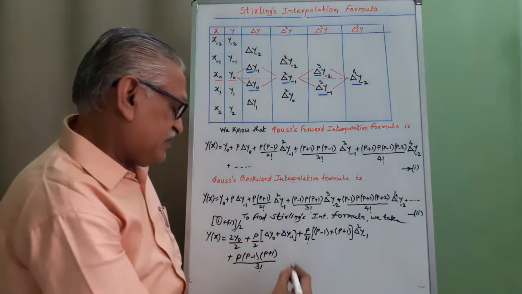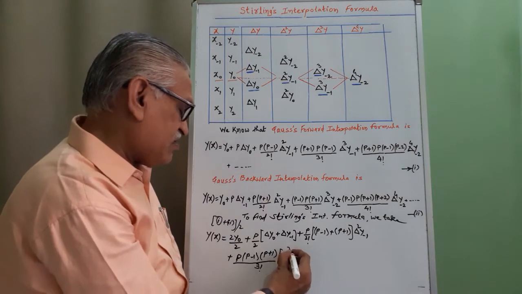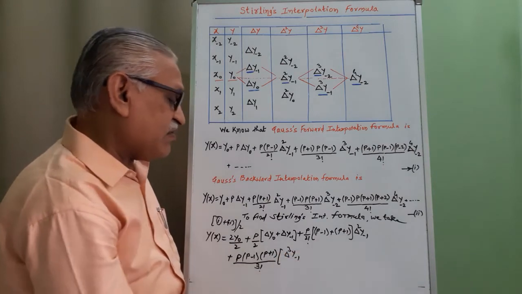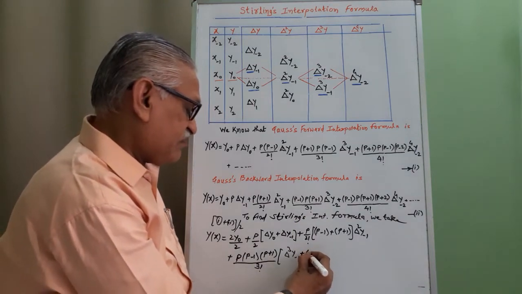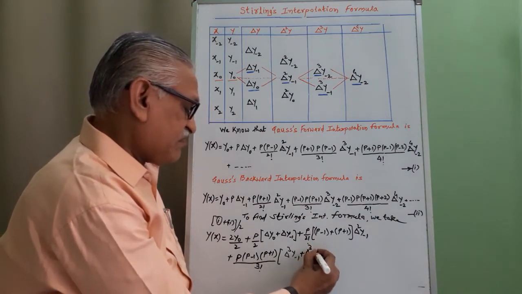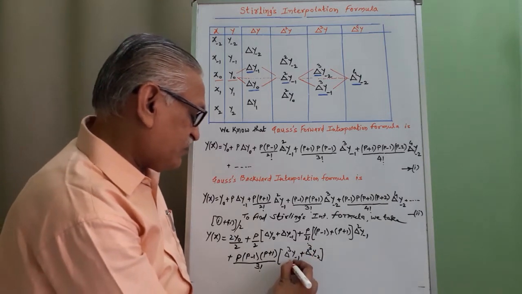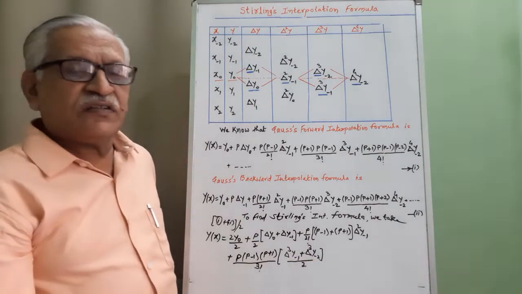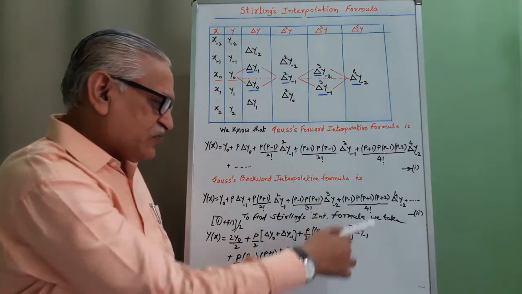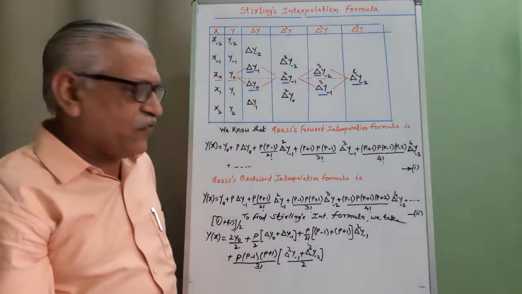The remaining terms are del cube y minus 1 and here del cube y minus 2, divided by 2. Then we add the last two terms and take their average.